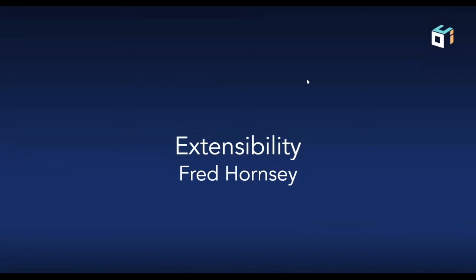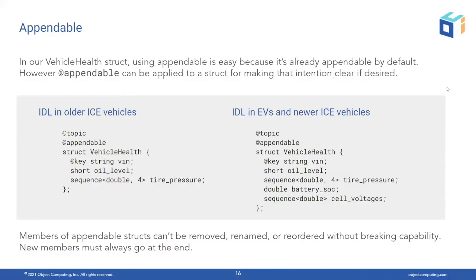Thanks, Mike. So, as Mike was saying, because types can be different in XTypes, we have to define a way they can be different. And we do this through what's called the extensibility annotations. The first one is appendable.